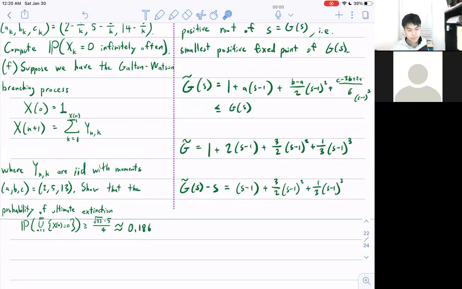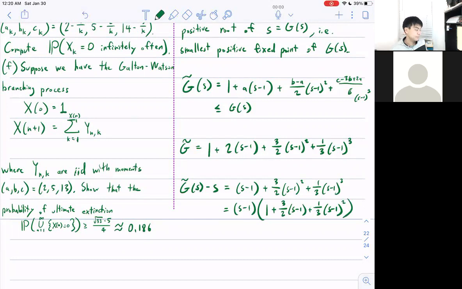Okay? And then this here I can factor out s minus 1, and then I have here 1 plus 3 halves (s minus 1) plus 1/3 (s minus 1) squared.